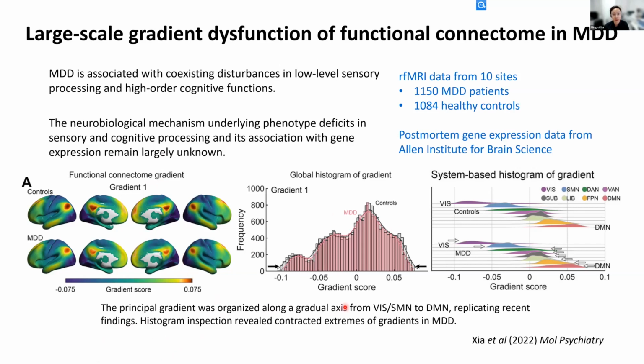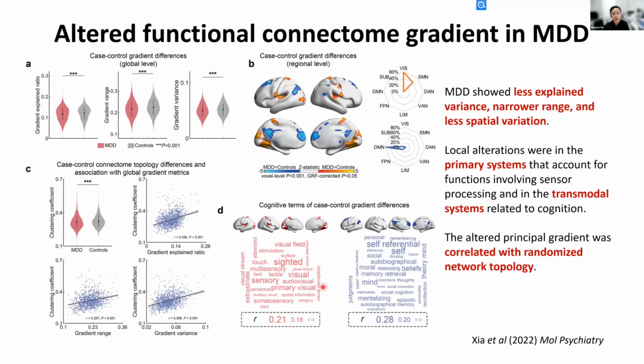The inspection of the histogram revealed that the extremes of the gradients in depression were contracted. The subsequent statistical analysis revealed that the depression patients showed less explained variance, a narrowed range, and less spatial variation in principal gradients, suggesting a less differentiated connectivity pattern between these systems.